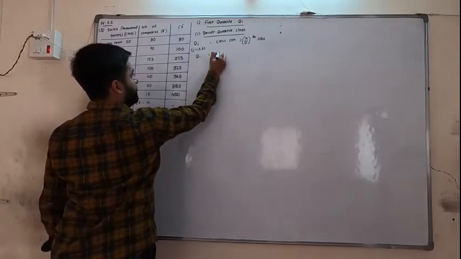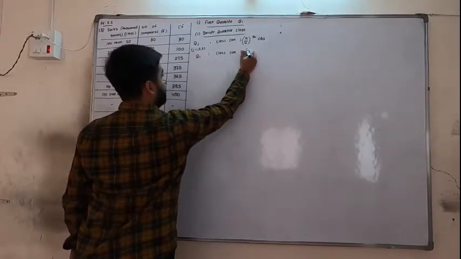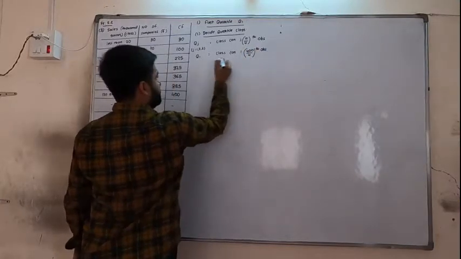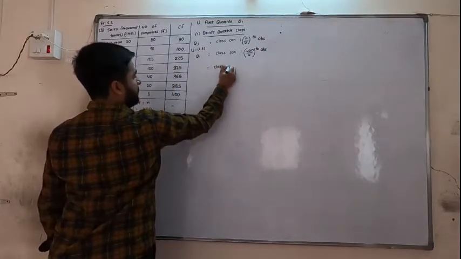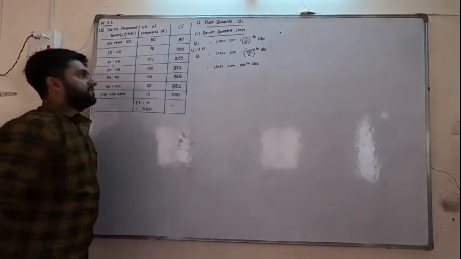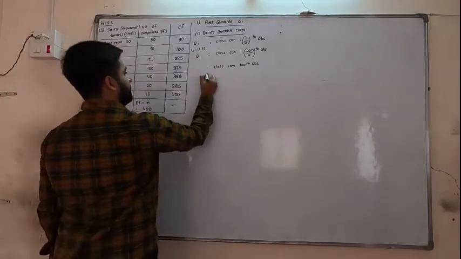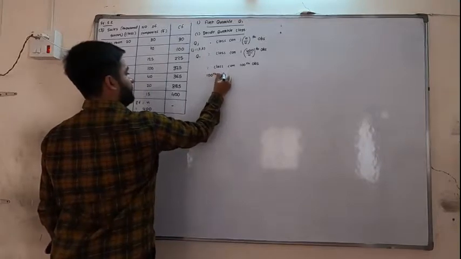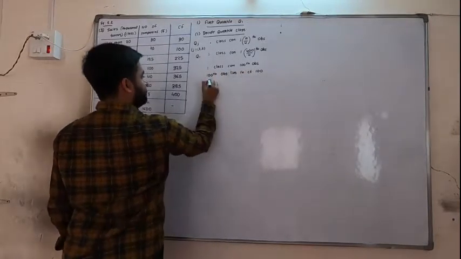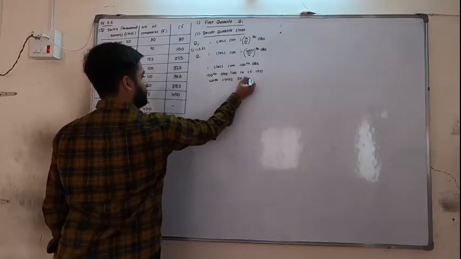We need Q1, so the class containing 1 into 400 by 4th observation, that is the class containing the 100th observation. Now the 100th observation is exactly here, class 20 to 40. The 100th observation lies in CF 100 with class 20 to 40.